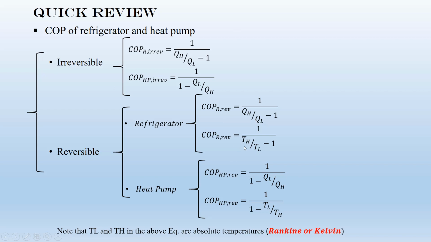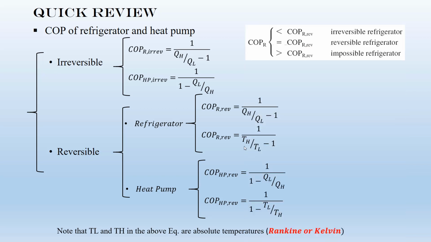And then again, you can calculate the COP of a given refrigerator or heat pump, compare it with the COP of the reversible heat pump and refrigerator, and then decide whether it is possible to have this refrigerator or heat pump, or it's impossible.